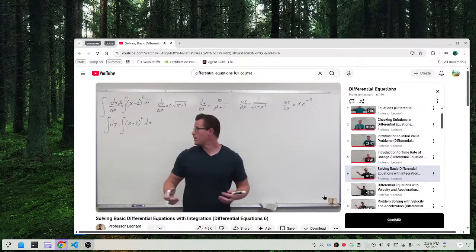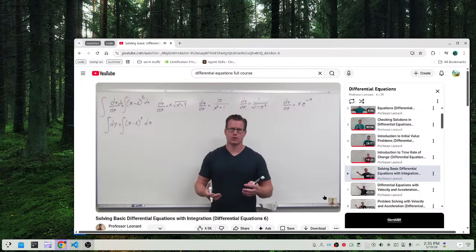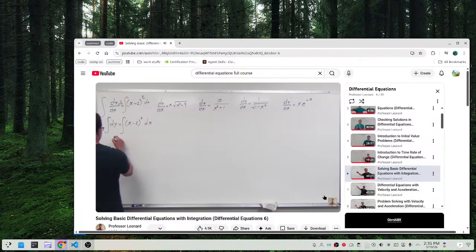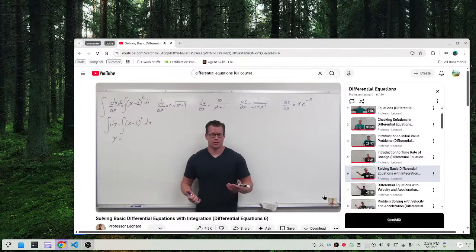If we do that, the left-hand side is really nice because you just have the integral of dy, or the integral of 1 dy. The integral of dy is going to give you back that y function that you're looking for in a differential equation. On the right-hand side, this is where all of your work is going to come in with this technique.